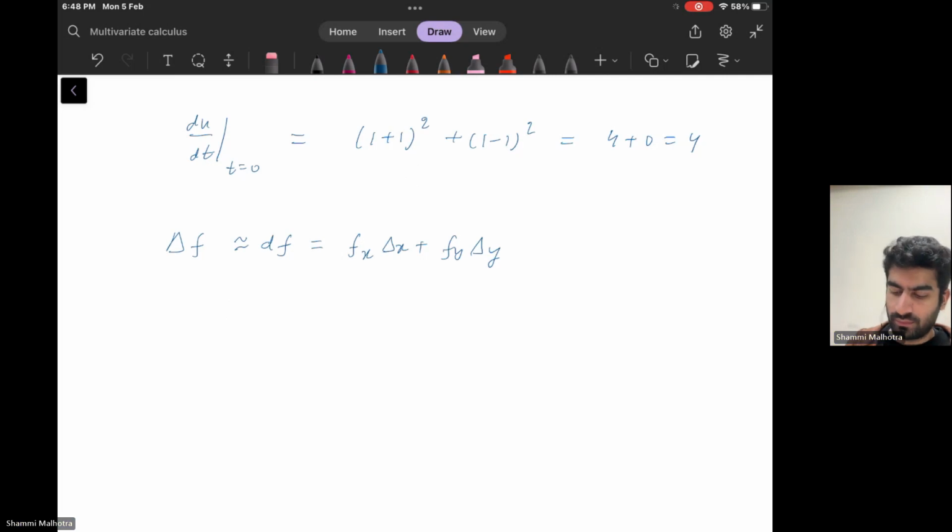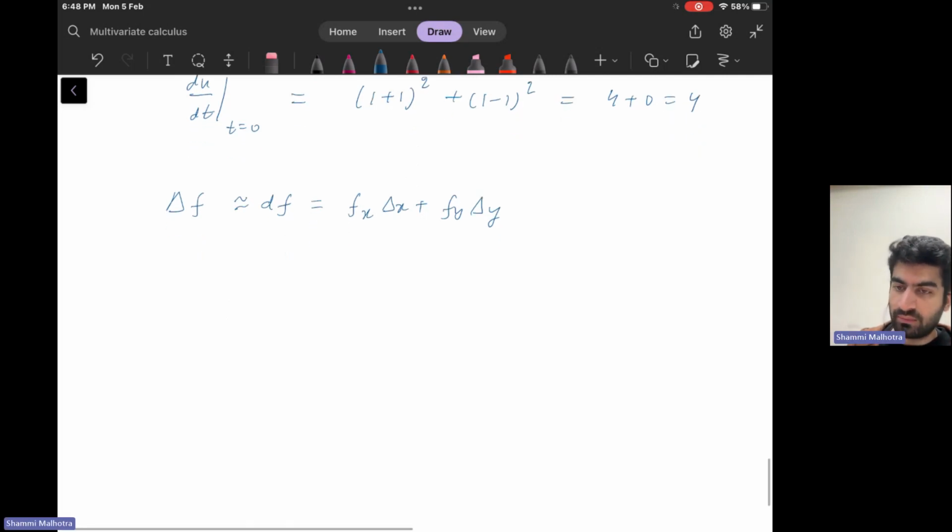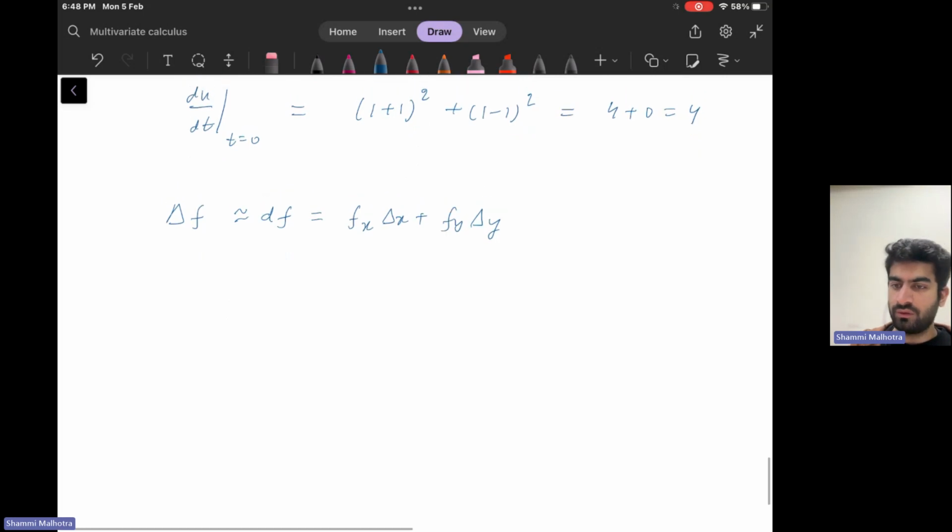Keeping this in mind, we would like to try one question, to have a clearer idea of how to use this approximation idea.